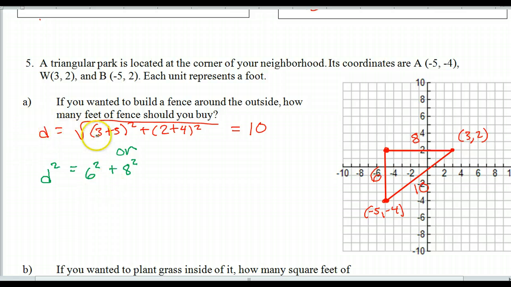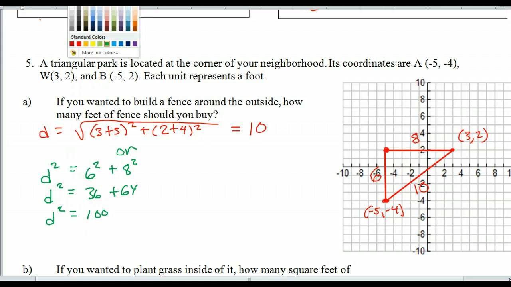Just the distance formula does it all in one step instead of doing what I'm about to do now. Because normally what we would do is say d squared is equal to 36 plus 64. D squared is equal to 100. Then I would take the square root of both sides.